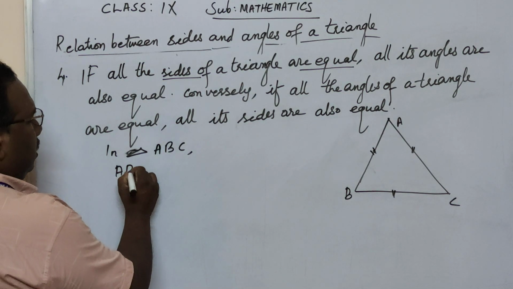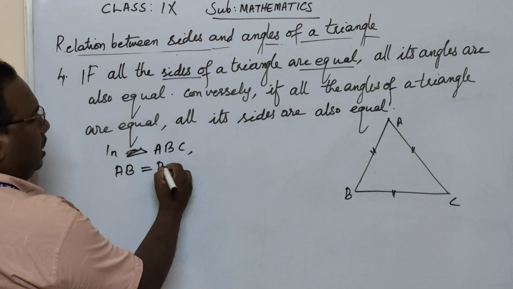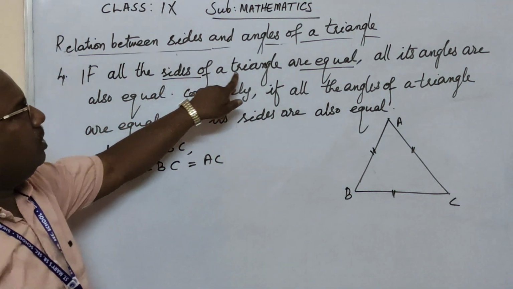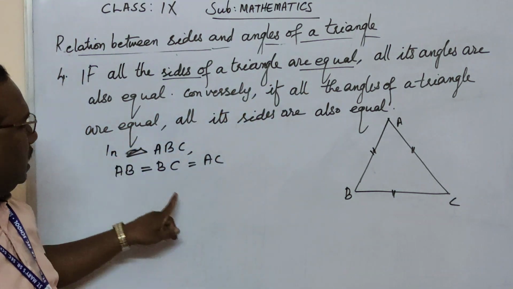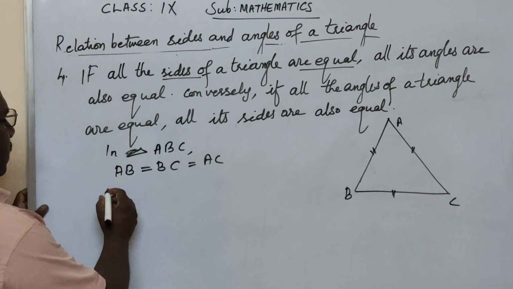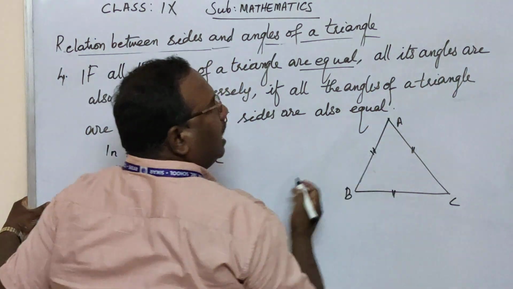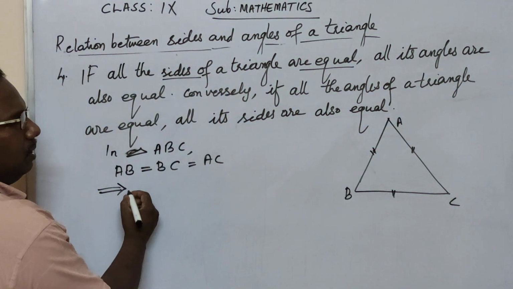AB is equal to BC is equal to AC. That means sides of a triangle are equal. All the sides are equal, which implies all its angles are also equal.